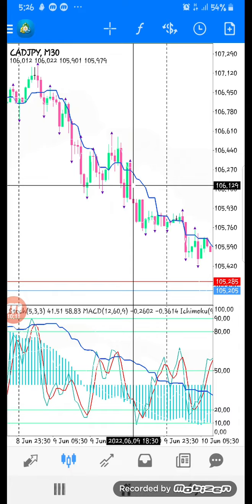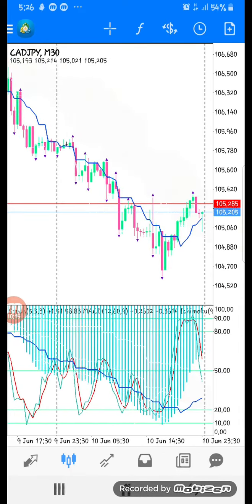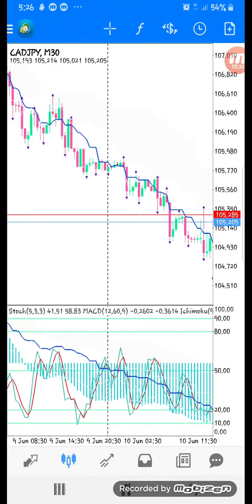If you want to hold the market to continue going down, you see the market continue going downward like that, because there was a transition here, so it continued going downward like that.